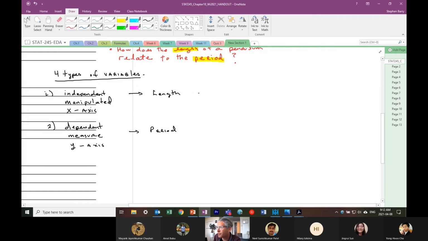The length of a pendulum, and I mentioned this in the lab report, but I want to remind you that it's very important to have a precise and accurate measurement here.